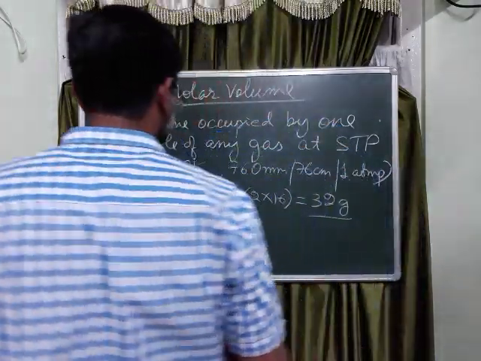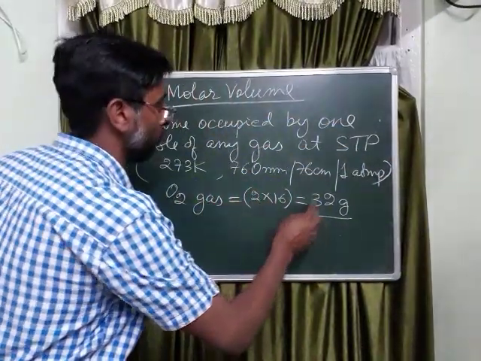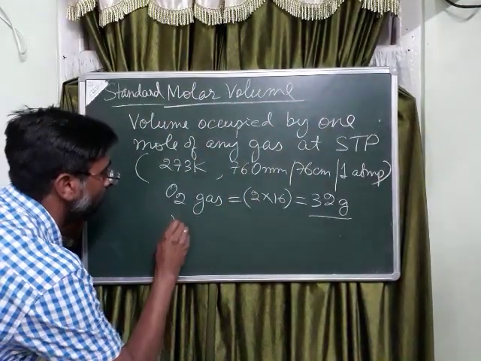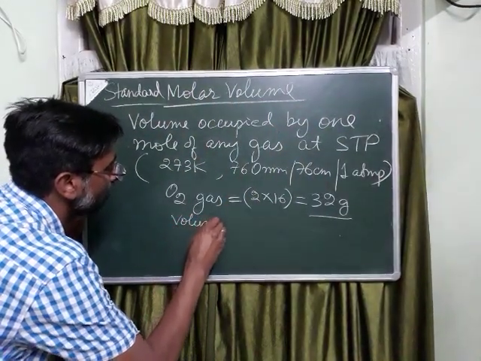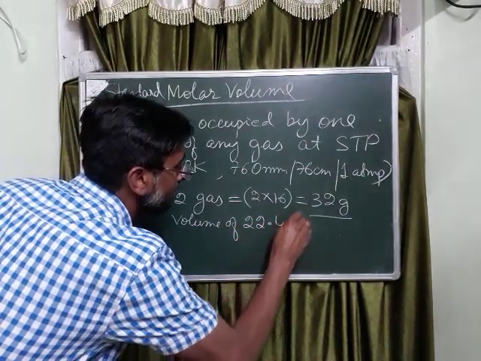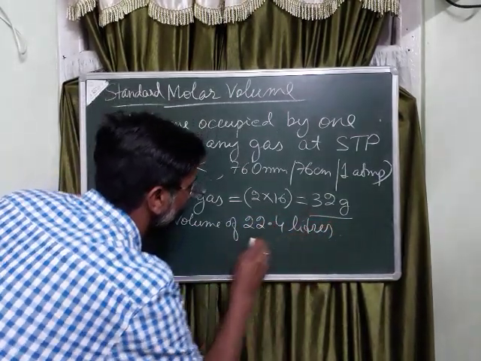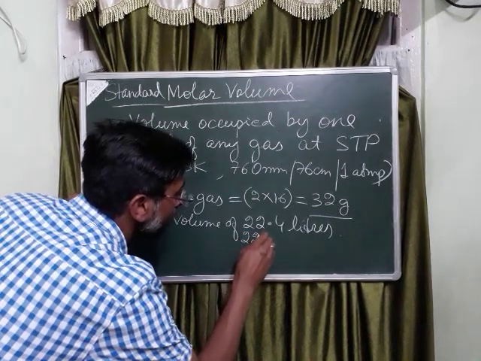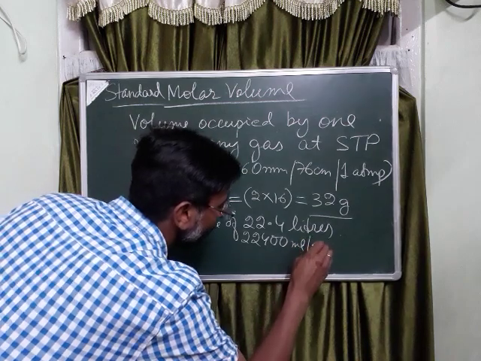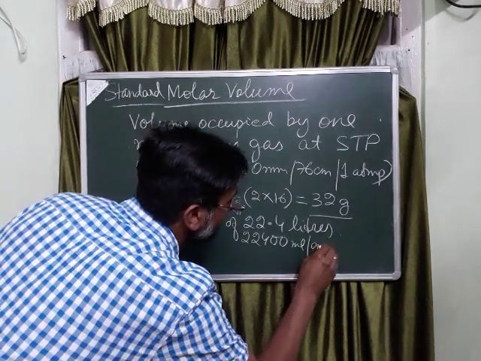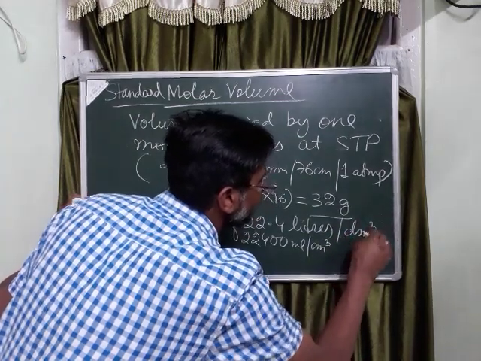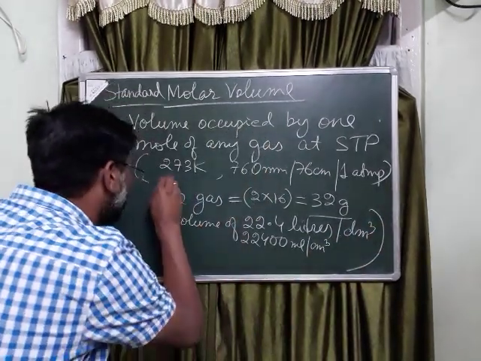So that constant value, 32 grams of oxygen gas, which is 1 mole, occupies a volume of 22.4 liters or 22,400 milliliter, or we can say centimeter cube. Instead of liters, we can also write decimeter cube. Okay, so this is very important to remember.